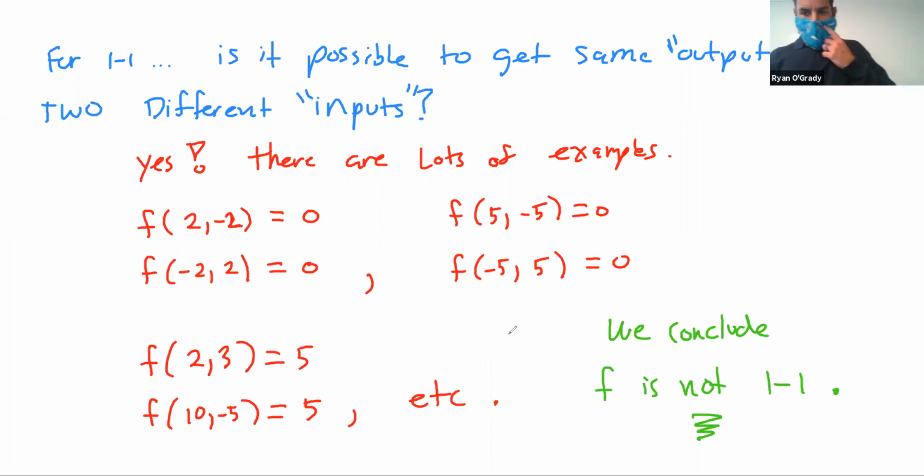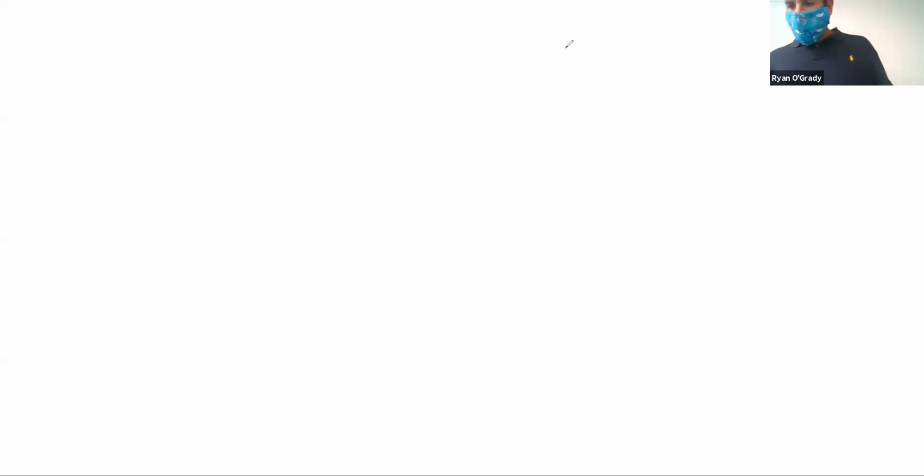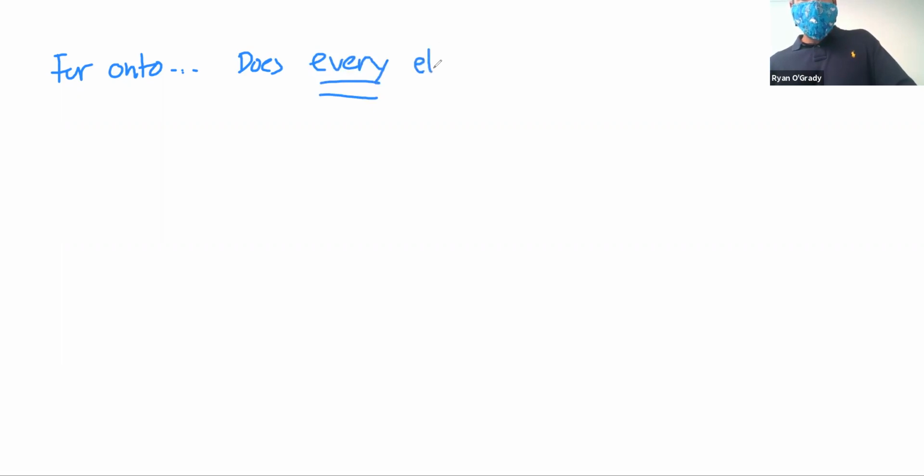Okay, so now the question is, how do we attack onto? So here's what I like to think about. For onto, here's what I ask myself. I say, self, does every element in the codomain have a partner in the domain?